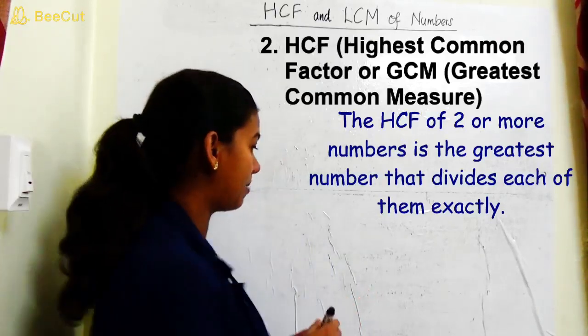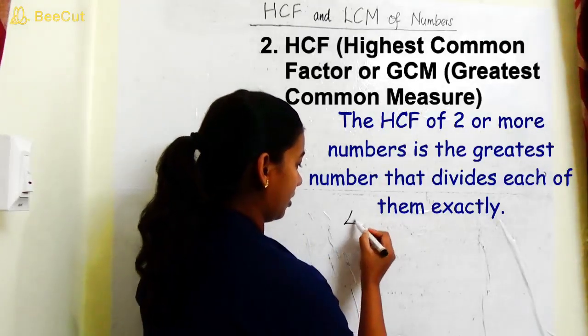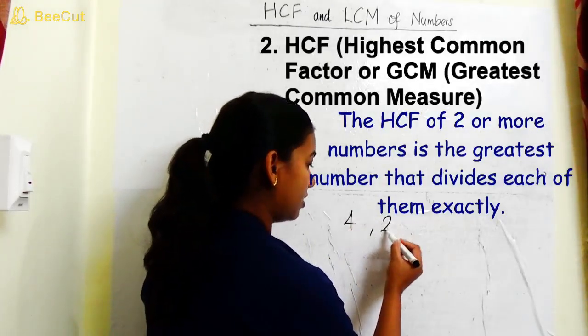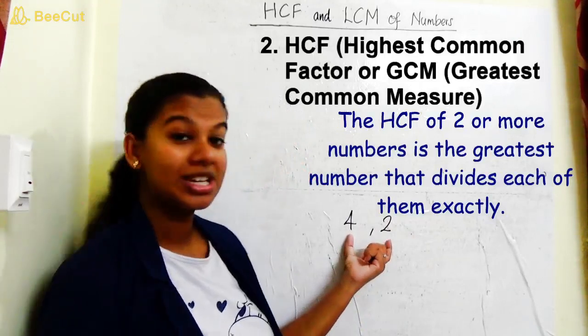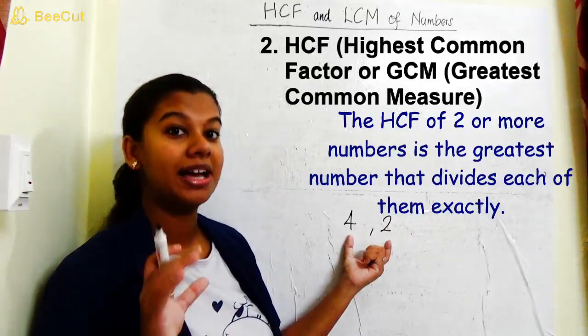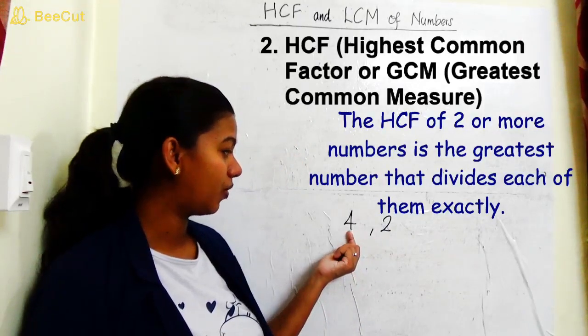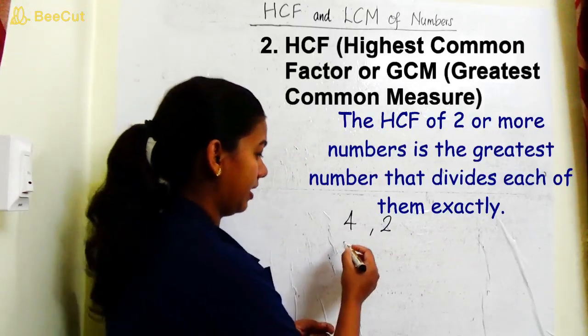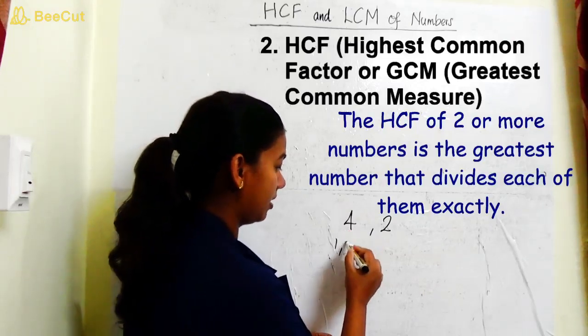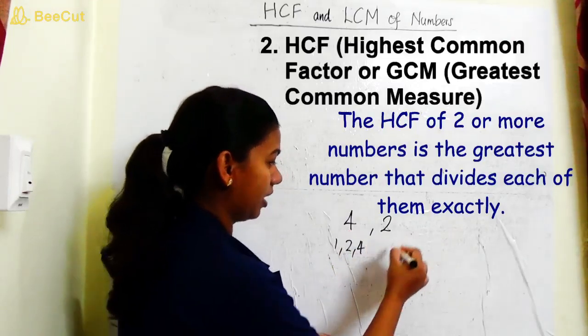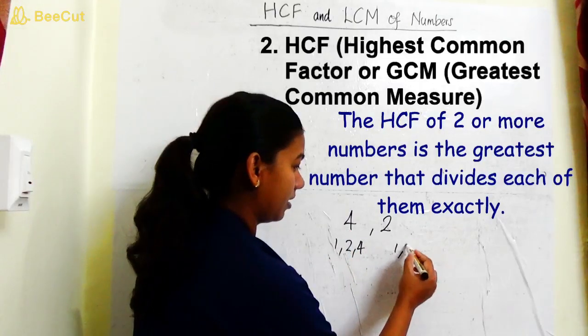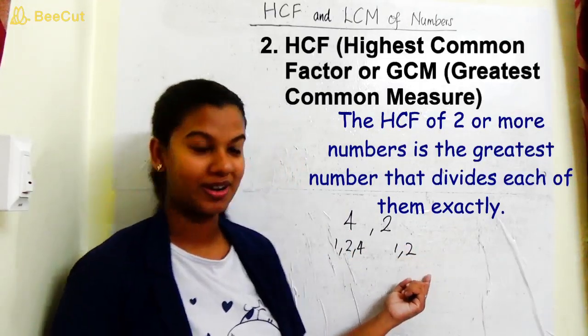For example, 4 and 2, which is the highest common factor? For 4 the factors are 1, 2 and 4. For 2 the factors are 1 and 2, right?